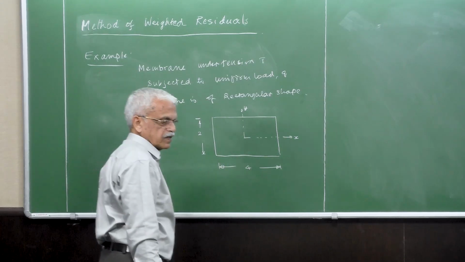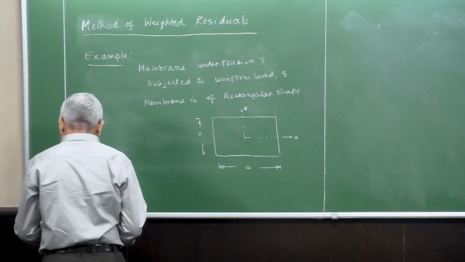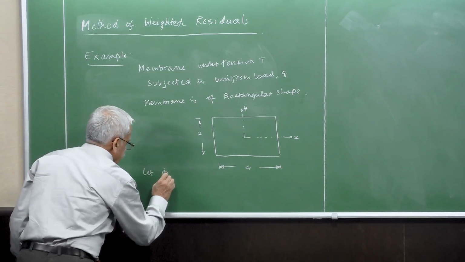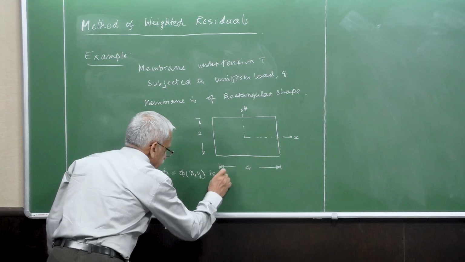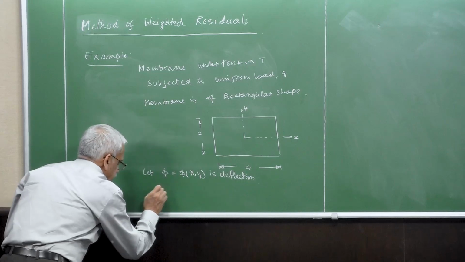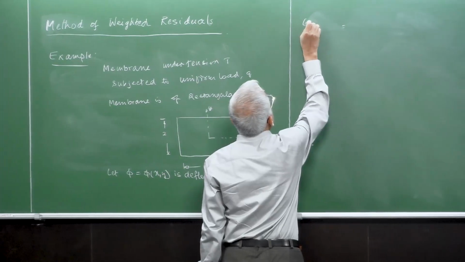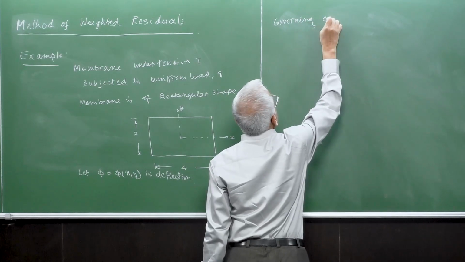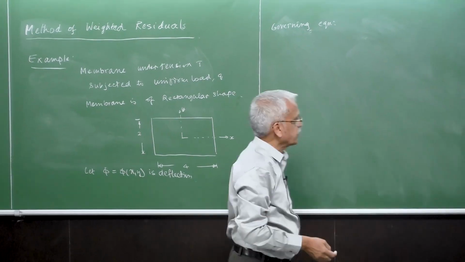So if this is the membrane, and we know that the equation for this one will be, let's say, since we are using phi, let phi equal to phi of xy be the deflection, in which case the governing equation will be... So we said that all these problems come under the same Poisson's equation.